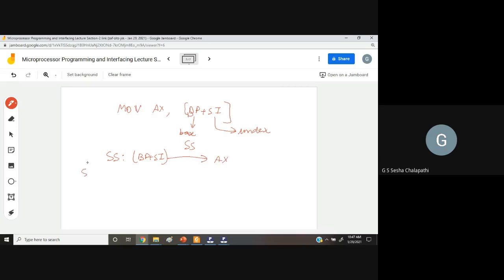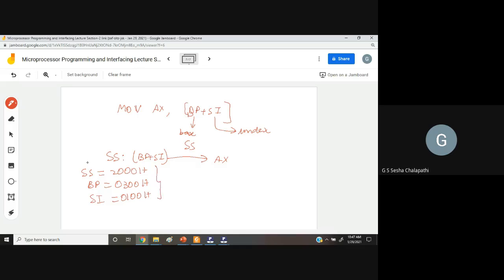Let us say SS was 2000H, BP is say 0300H, and SI is 0100H.